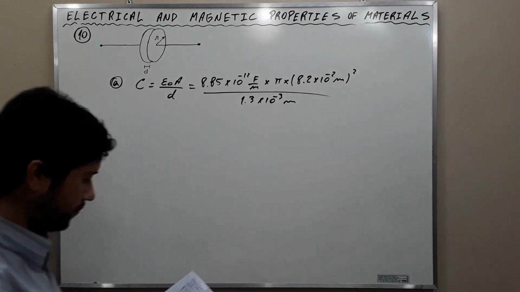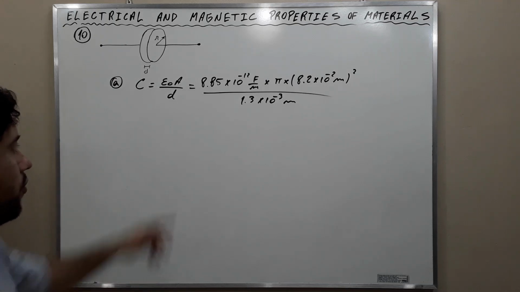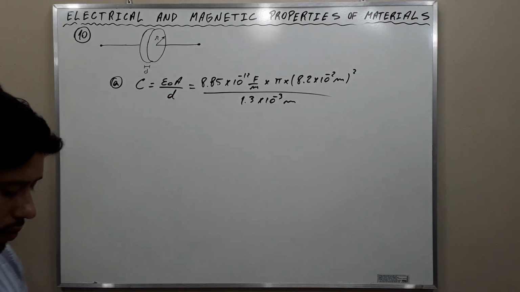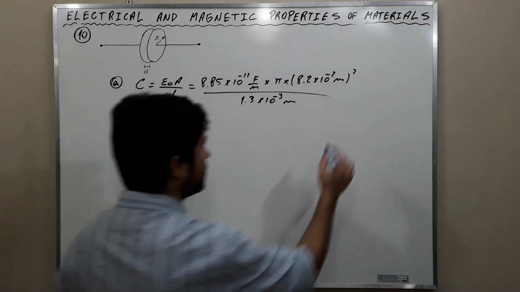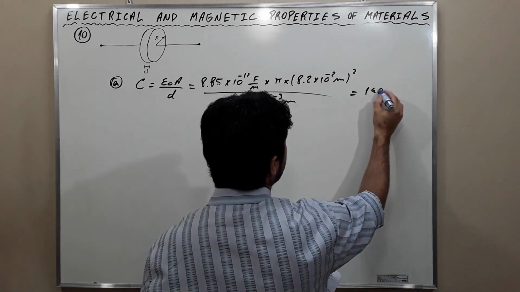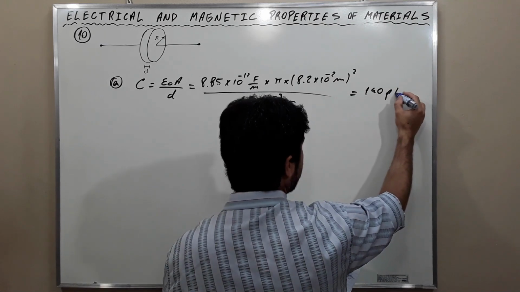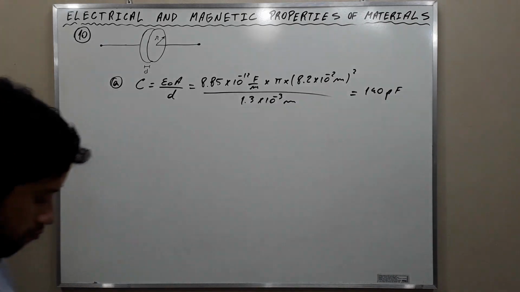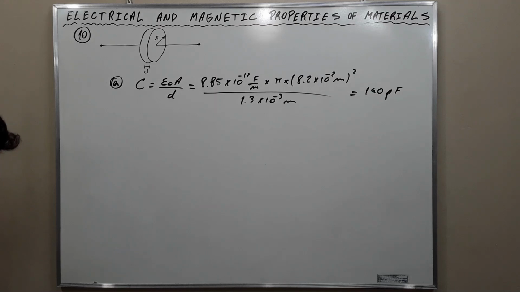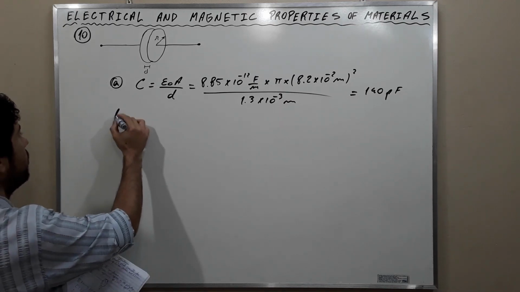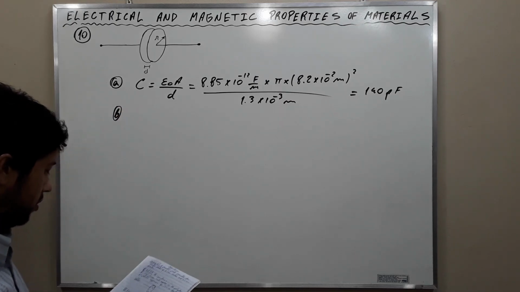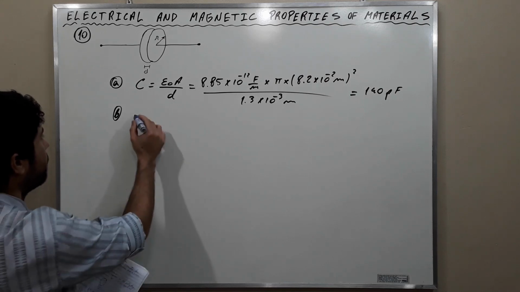In this way, carrying out this multiplication and division, we find a capacitance of 140 picofarad.